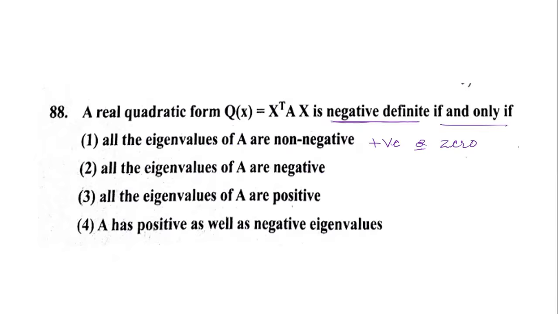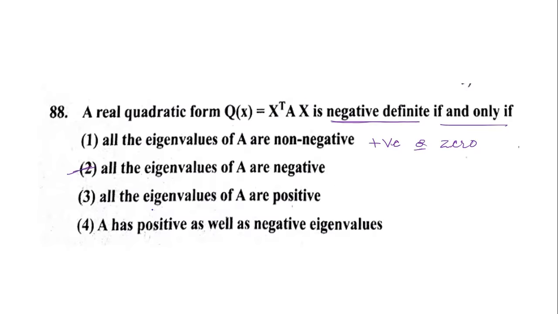Next, all eigenvalues are negative. Next, all eigenvalues of A are positive. All eigenvalues of A are negative is the right answer.